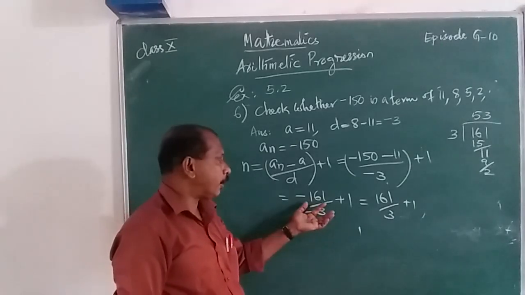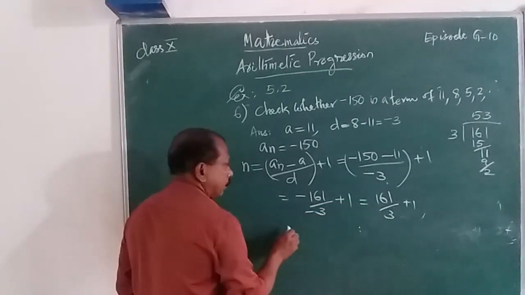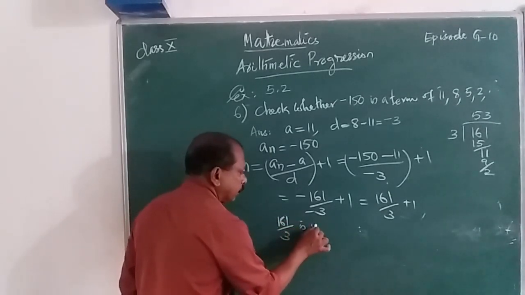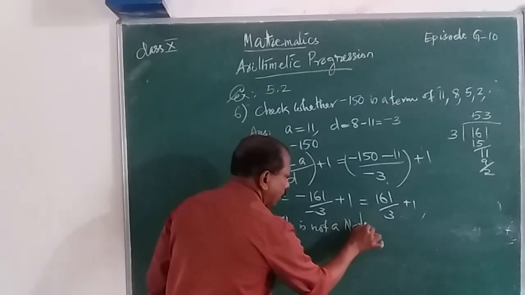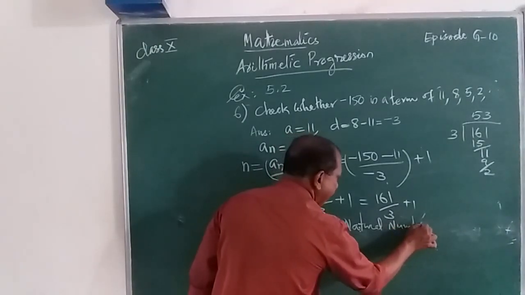That means this is not a natural number. So 161 by 3 is not a natural number.